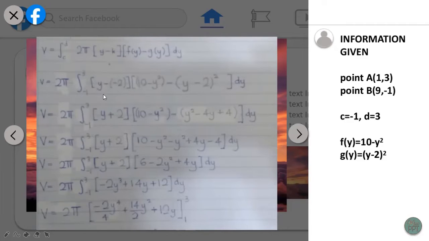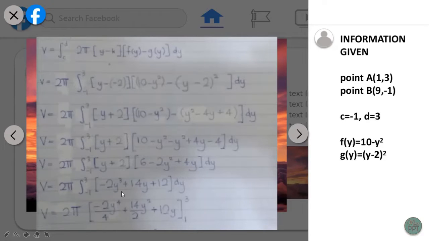And then minus minus becomes positive, and then we expand this equation. We get 10 minus y squared minus y squared plus 4y minus 4. We simplify it, it will become 6 minus 2y squared plus 4y.